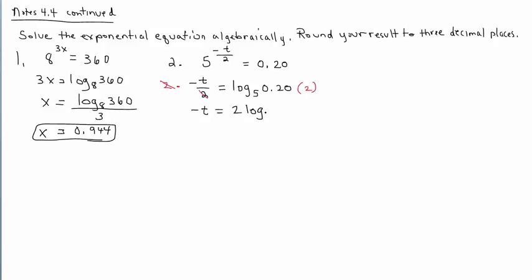I'll divide both sides by negative 1. To get the result, just go straight to the calculator, enter all this information. I don't need to round because my answer is actually the whole number t equals 2.